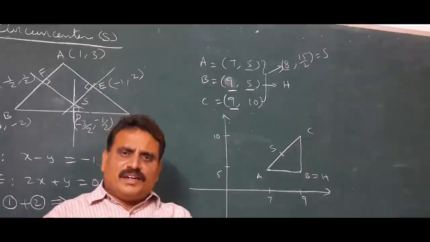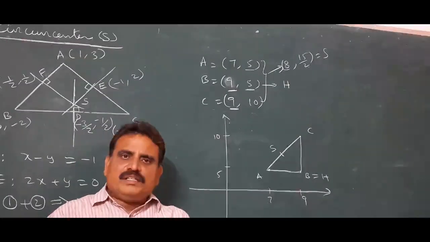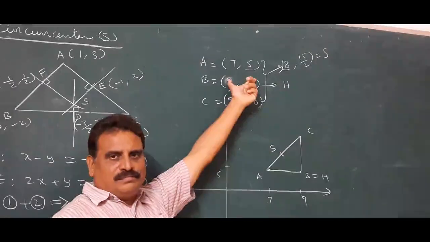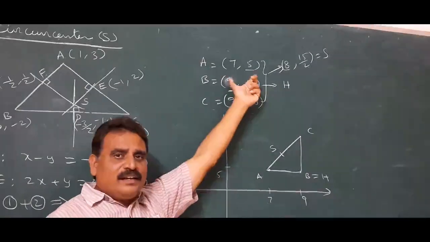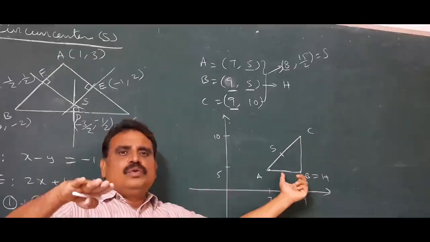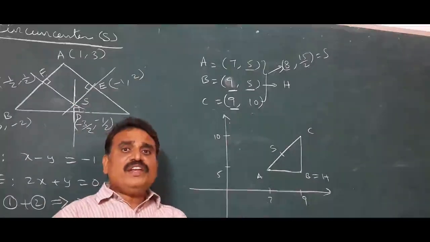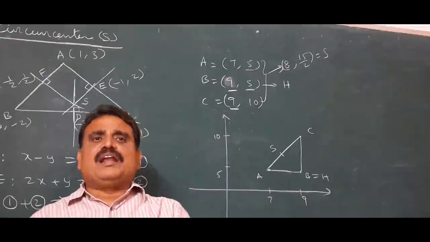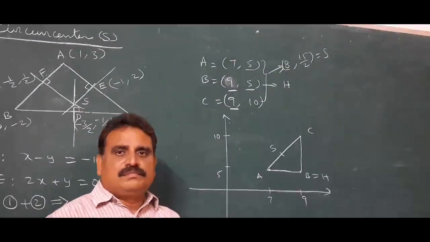But if the triangle is a right angle triangle, the vertices need not be like this. Here the sides are parallel to the x-axis and y-axis, but every right angle triangle need not be parallel to the x and y axes.